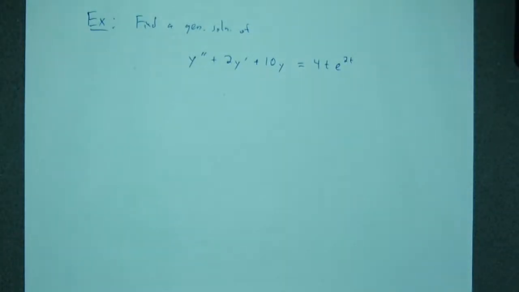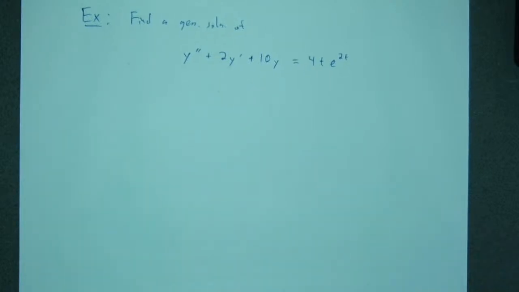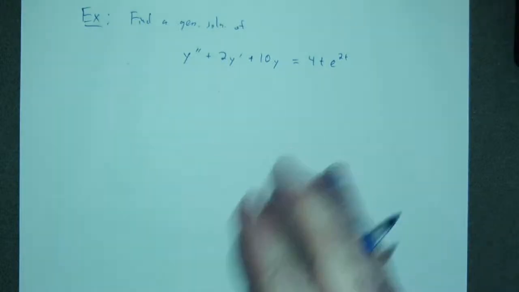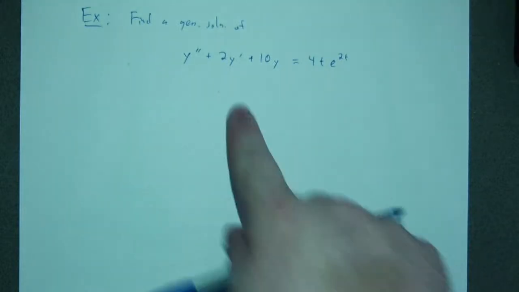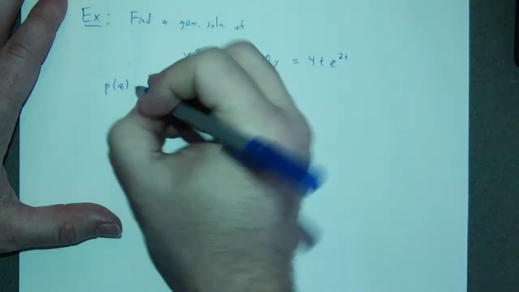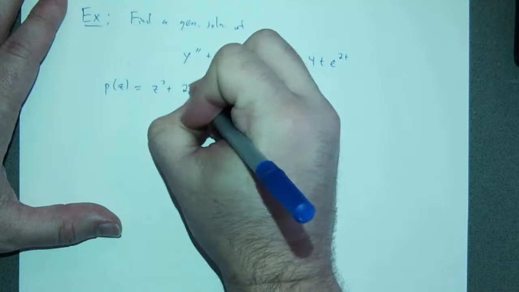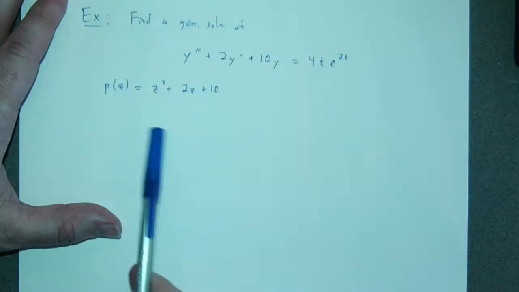Okay? So, how do I find a general solution to this thing? Well, the process is the same as it always is. I first write out the characteristic polynomial. So what is it? Here it is, z squared plus 2z plus 10.